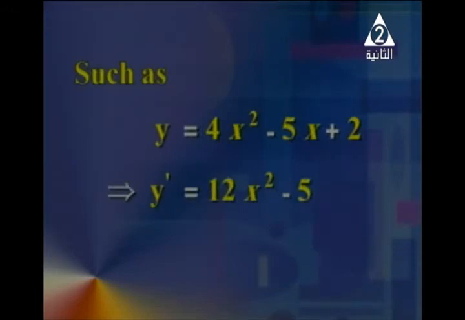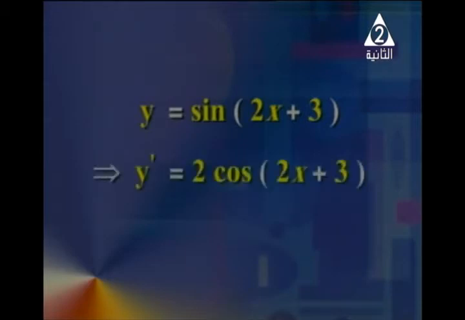Then y dash, or dy by dx, equals 8x minus 5. Or y equals sine of the bracket 2x plus 3, then y dash is 2 cosine of 2x plus 3.